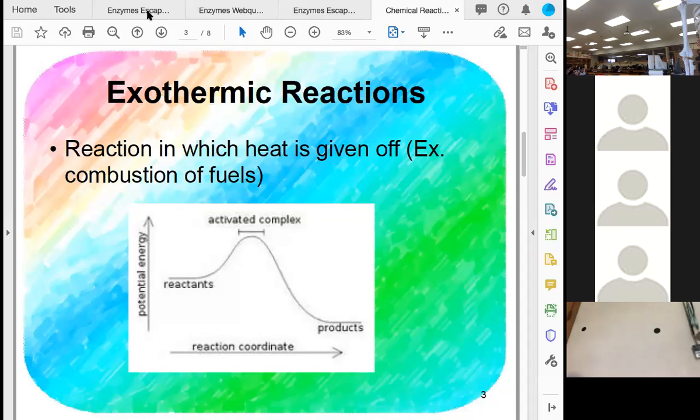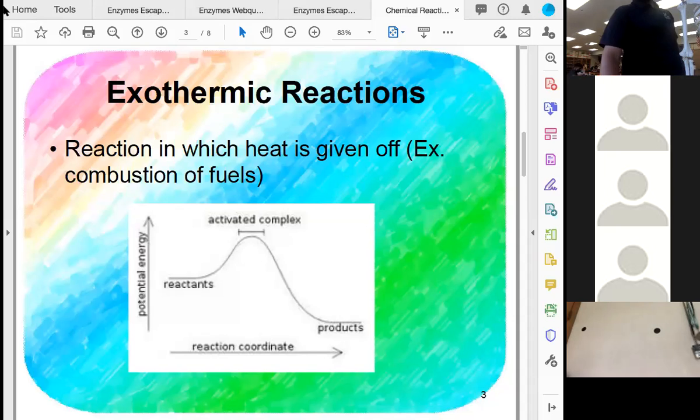Okay, so if you look at the reactants here, the reactants are what you start with at the beginning. In order for a chemical reaction to happen, you have to increase the energy. Think of boiling water. So you add energy, and then this is where the reaction happens at the top of this arc.